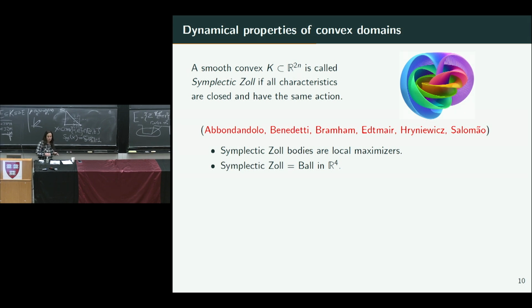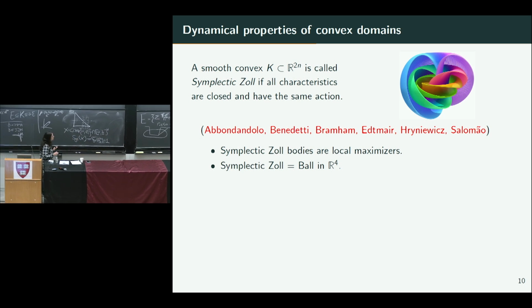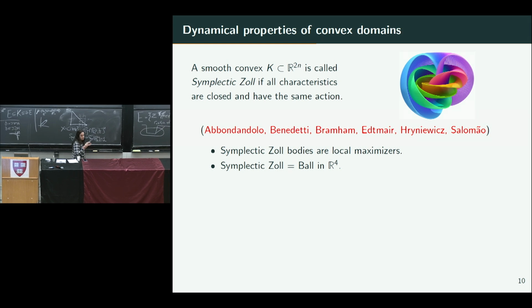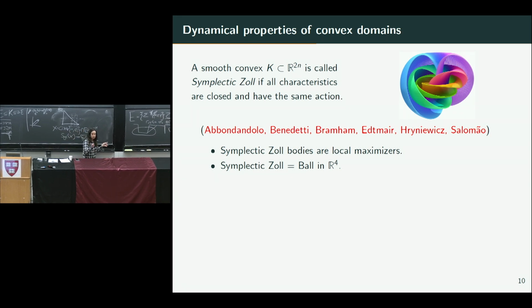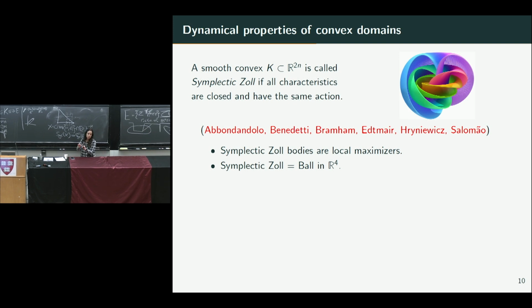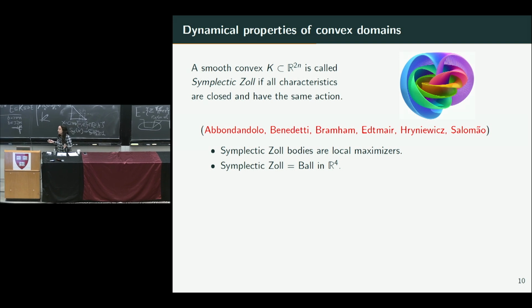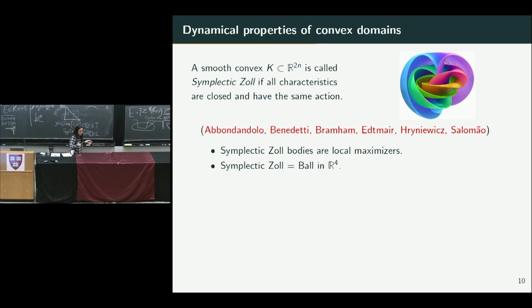If I look at a non-smooth domain, then, since the dynamic is not well defined at the non-smooth points, I have a choice of the vector field, so it may be a bit harder to define Zoll. But I can still define it as: there exists a closed characteristic with minimal action through every point.